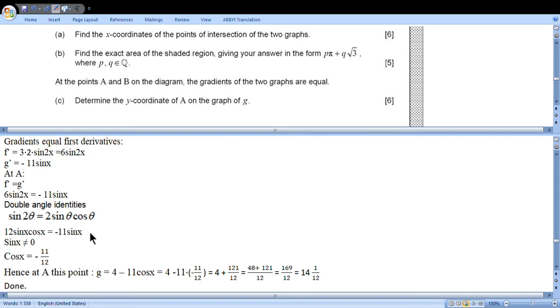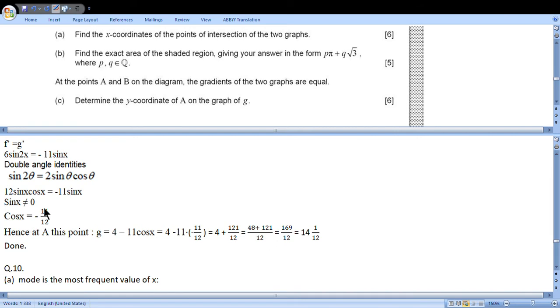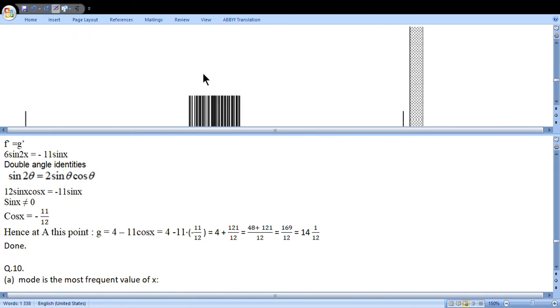Then we divide by sine, assuming that sine is not 0. We get cosine. And as we know cosine, we can find the value of g because it has cosine in its expression. So we substitute and we get the value. So the question is done.